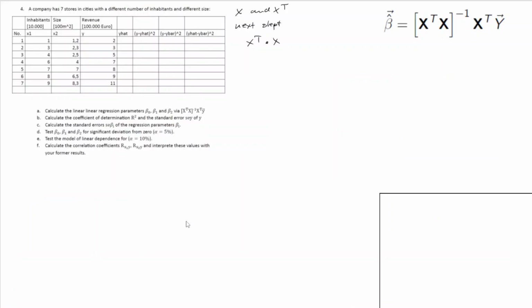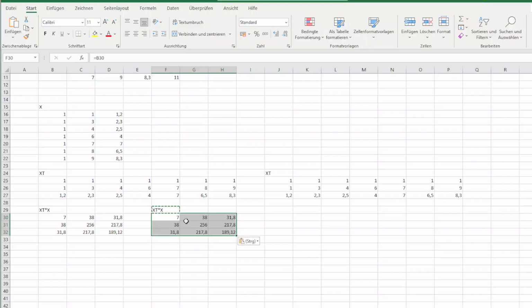So, what is next? Well, I need the inverse. Next step, xt times x and the inverse. Well, actually a 3 cross 3 matrix, we could do it by hand, but it would take, I think, half an hour in order to obtain the inverse.